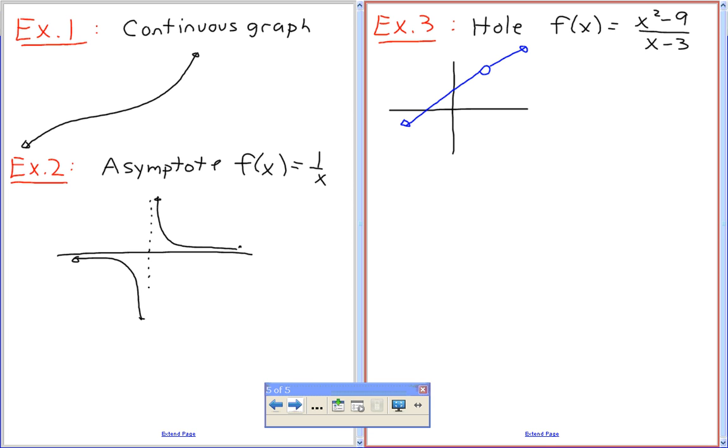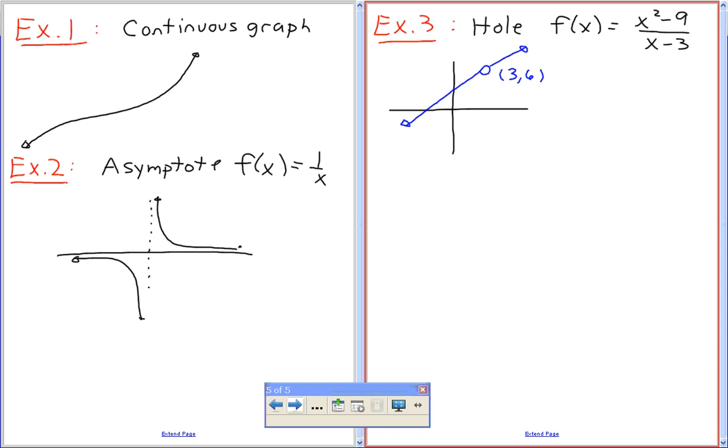That's what this graph looks like, and the point 3, 6 is the hole. This graph is not continuous because every value does not exist. There is a problem at x equals 3. You cannot get the derivative at x equals 3. Every other point in the graph you can, except for x equals 3.